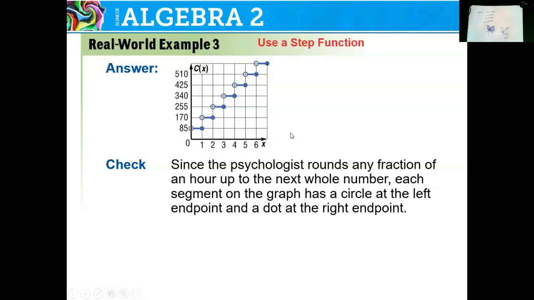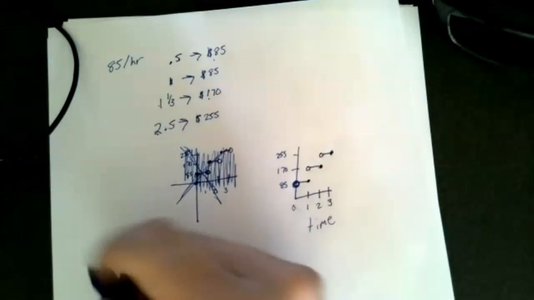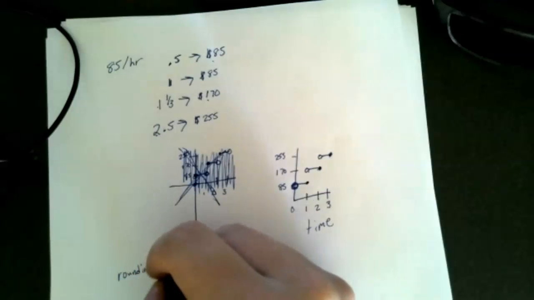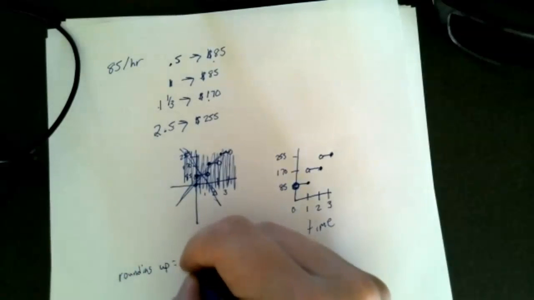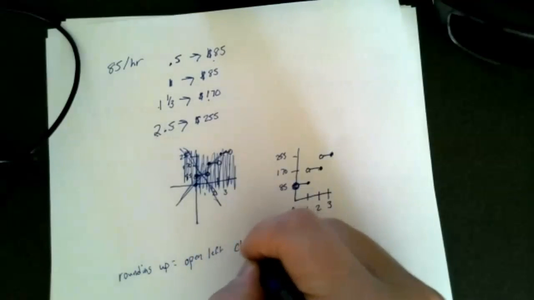Okay, another way that you can look at it to help identify the open and closed is right there in that check. It says, since the psychologist rounds any fraction of an hour up to the next whole number, each segment on the graph has a circle at the left endpoint and a dot on the right endpoint. So a helpful note that you could write is if we're rounding up, open left end, closed right.